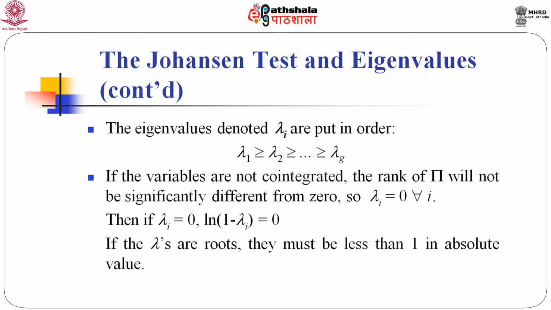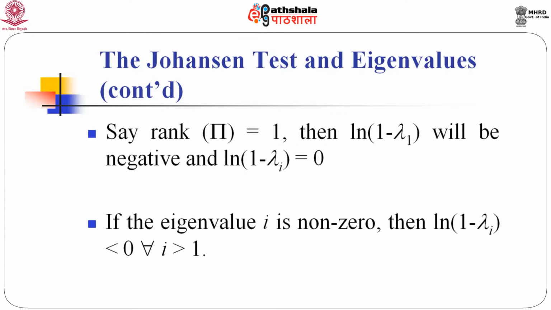If we find that all the lambda i's are 0, then log of 1 minus lambda i is also 0. If lambda has roots, they must be less than 1 in absolute value. So, if the rank of the pi matrix is 1, then log of 1 minus lambda 1 will be negative. If the eigenvalue i is non-zero, then log of 1 minus lambda i is less than 0.